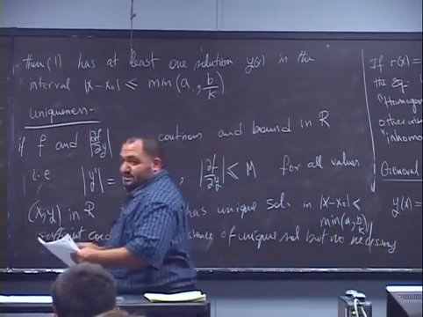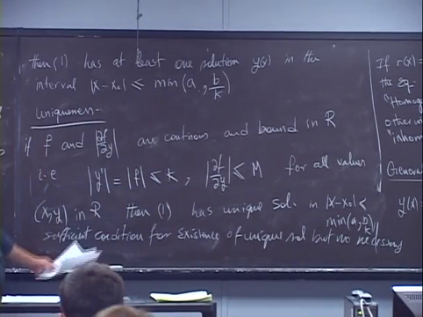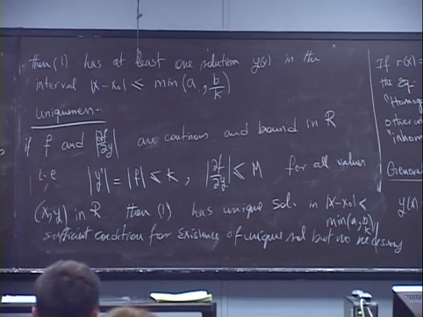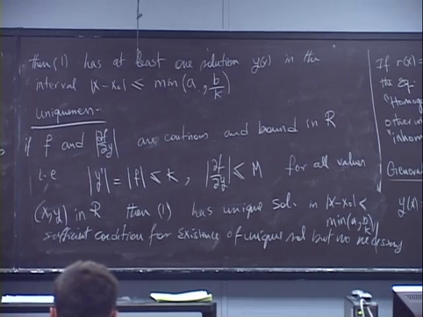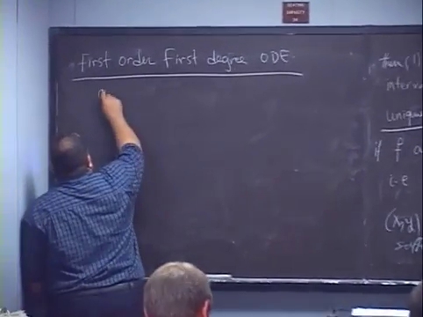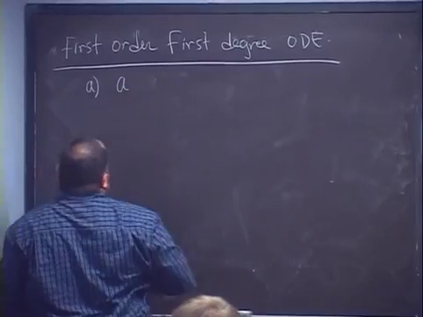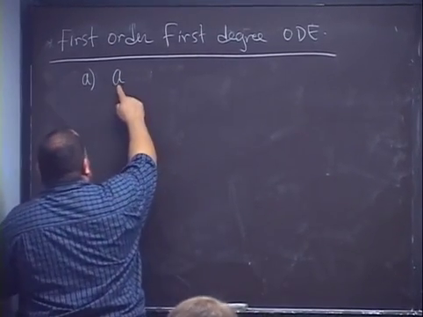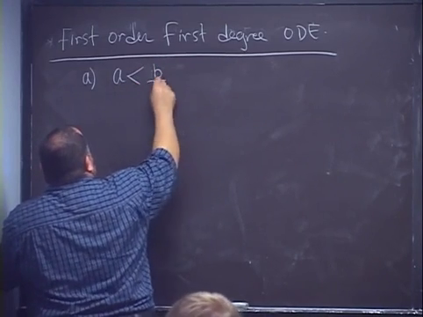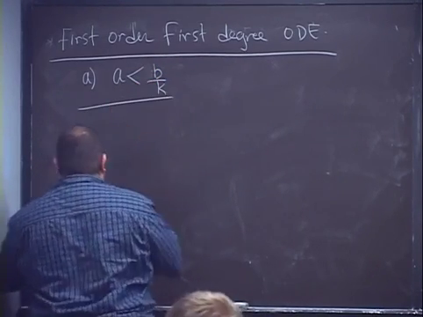Did you understand, guys? What do we mean by what I wrote here? So let's look at what it means graphically. We just put the two conditions here, but we want to know what they mean graphically. Let's look at the first case, where the bound or the limit of x, a here, is less than b over k.